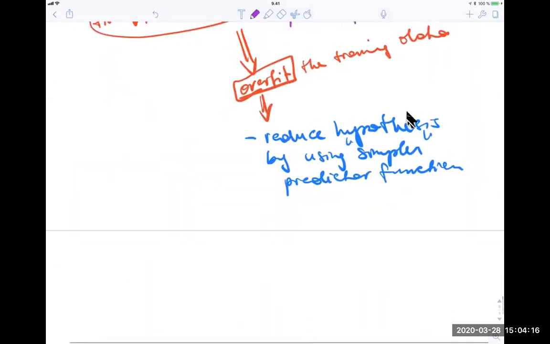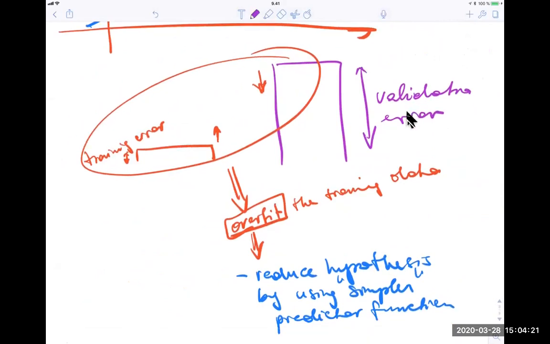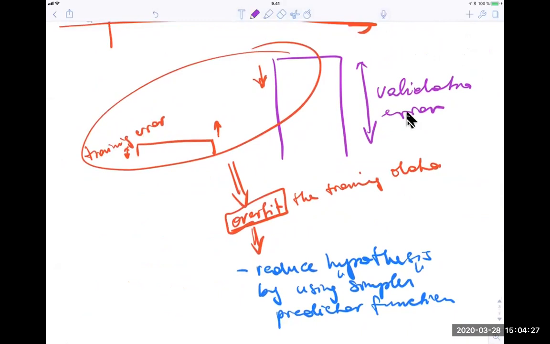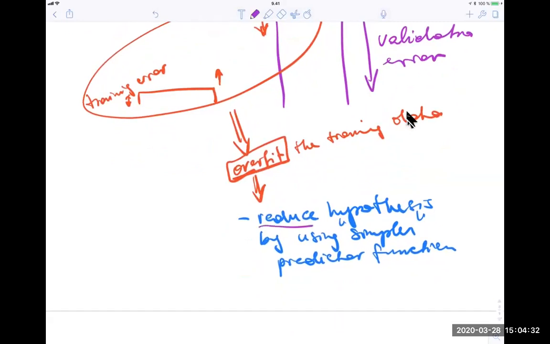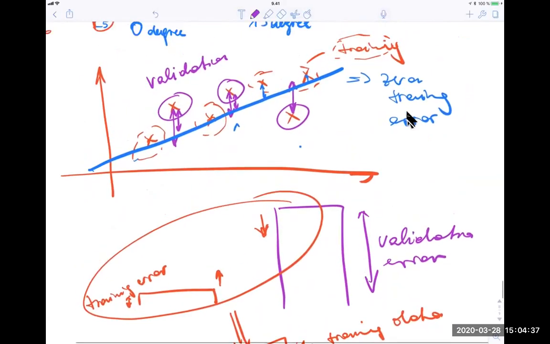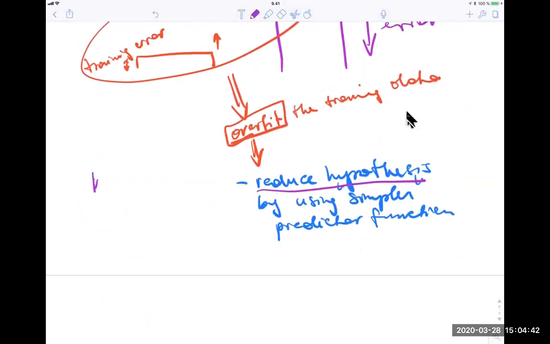Okay. Other options to reduce the validation error, at the expense of increasing the training error a bit. So it's not the absolute size of the hypothesis space which is important. It's always important the ratio of the number of parameters or weights to the number of training data points.